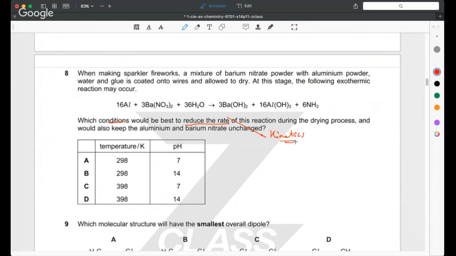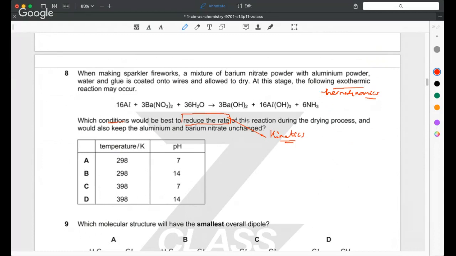And there was a distractor up here because it was telling us it was an exothermic reaction, and that's all to do with thermodynamics. But we want to know about the kinetics related to this reaction. So the information there about exothermic was really a distractor for you.